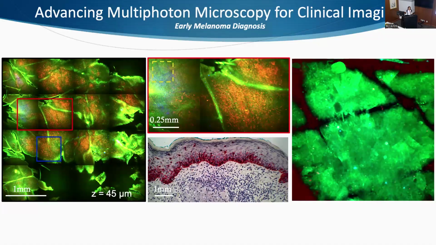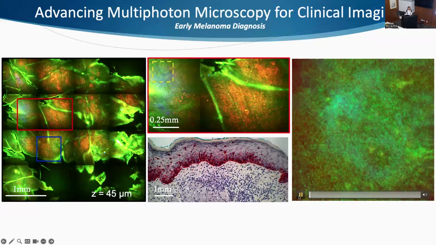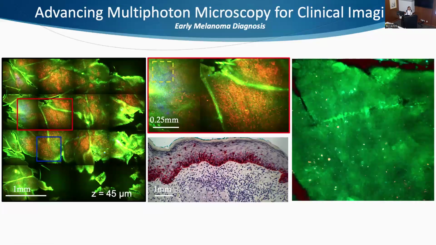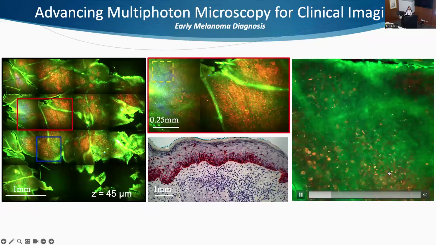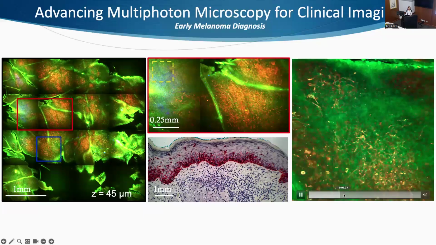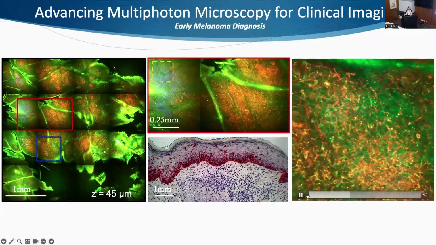Let me see if I can pause this. So this is beneath the stratum corneum, the very top surface, and this is where you start seeing these proliferating melanocytes.